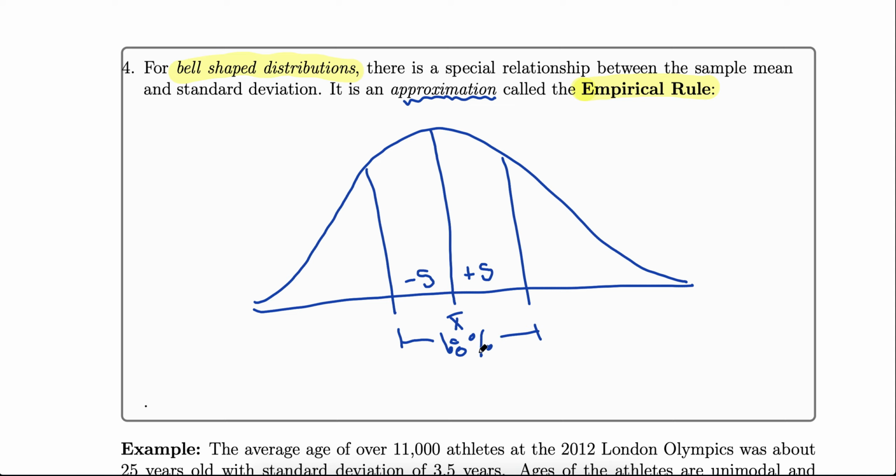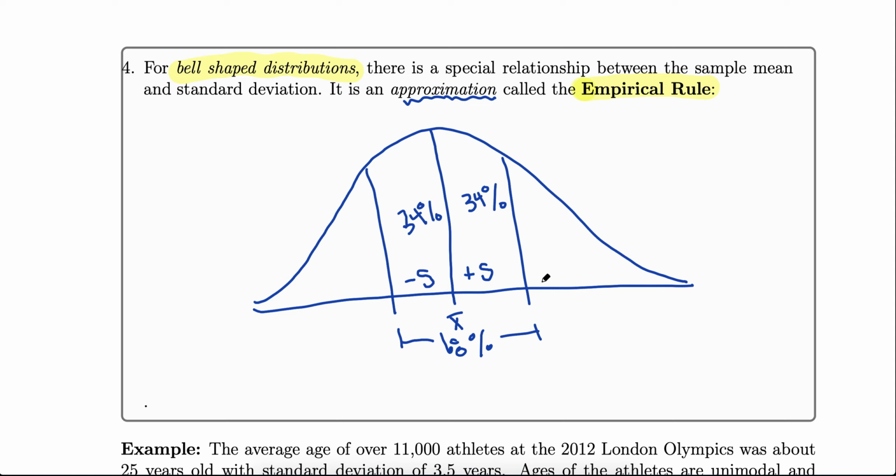That's a 68%. Remembering this is symmetric, if I have 68% in the middle, I split that in half and should have 34% on either side.